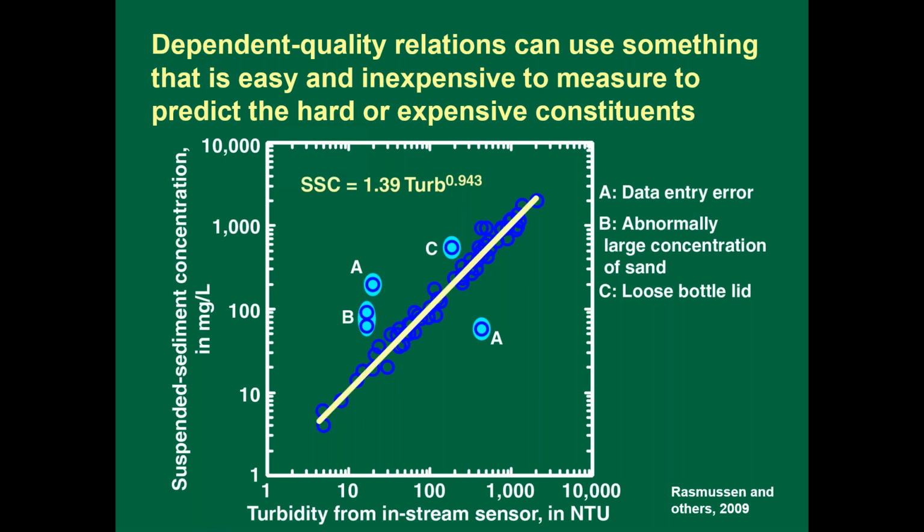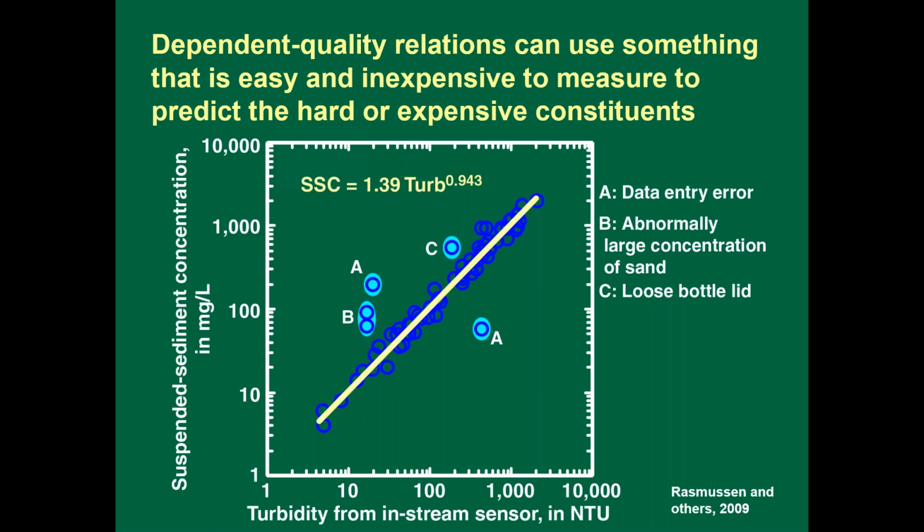This is an actual site from Sedgwick, Kansas. With the real-time record of turbidity, we could get flow-weighted event mean concentrations in that stream, and we can develop this regression equation to get suspended sediment from turbidity. And we can use it as if we've got this huge data set.